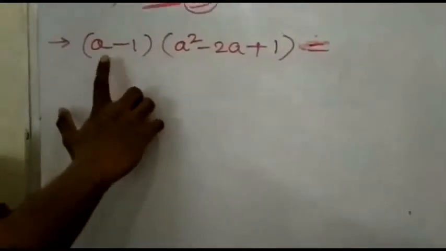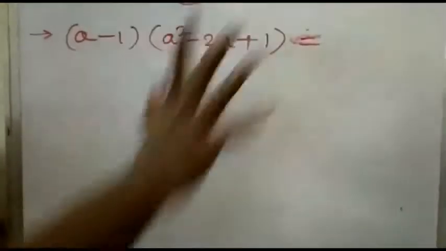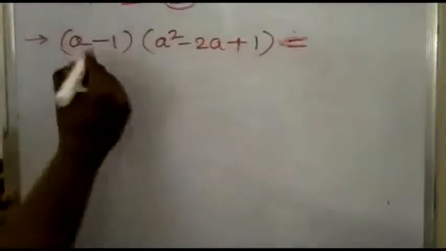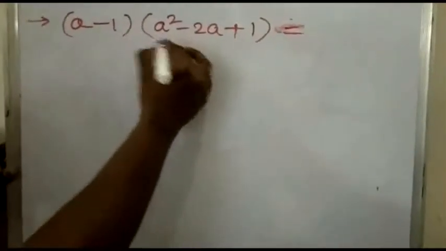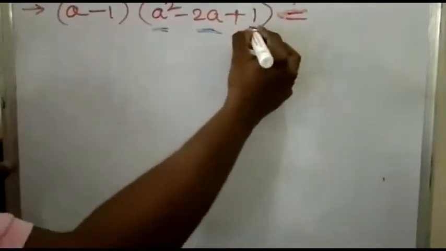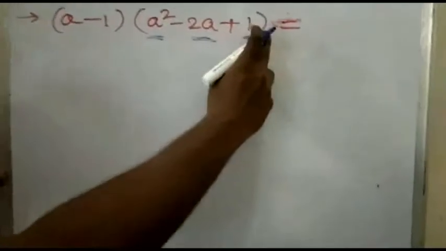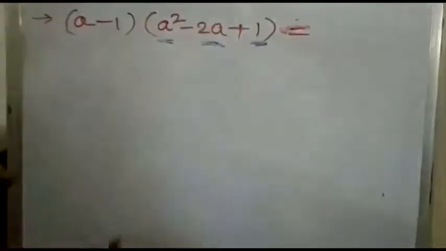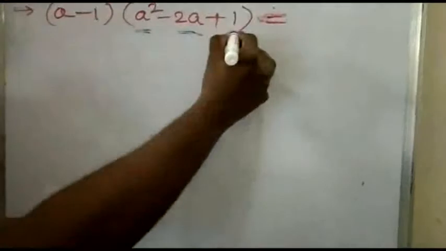The question given is a minus 1 into a square minus 2a plus 1. So how to solve this? This resembles a square minus 2ab plus b square. If you clearly see this, a square is a square, and 1 square is b square.